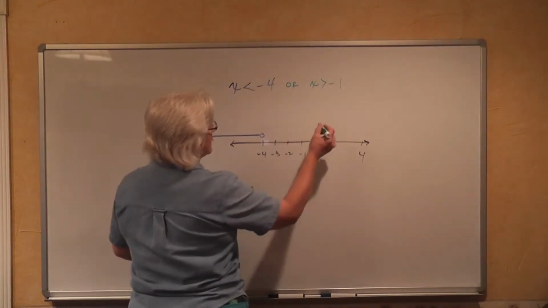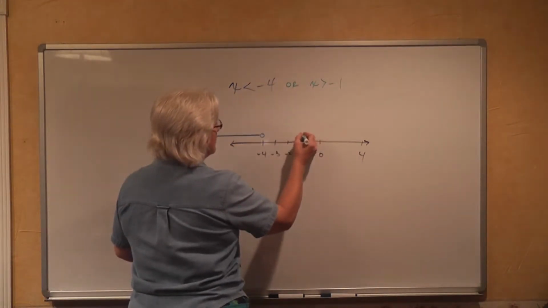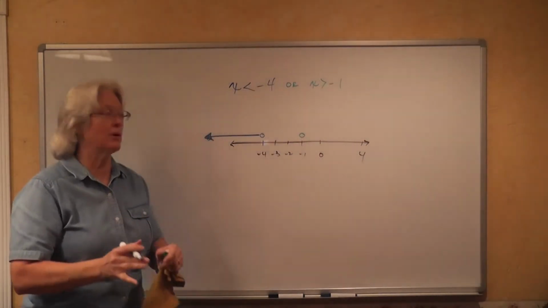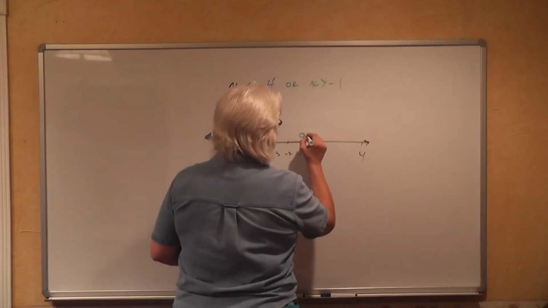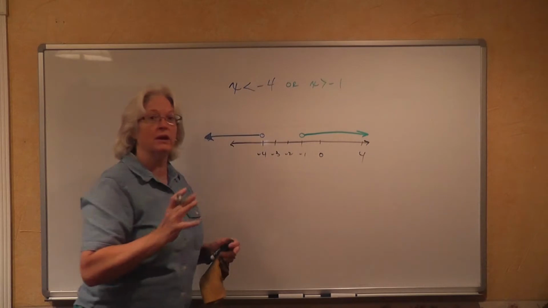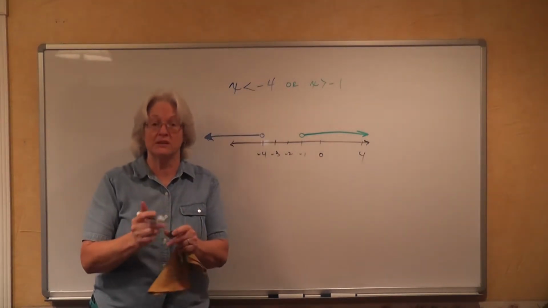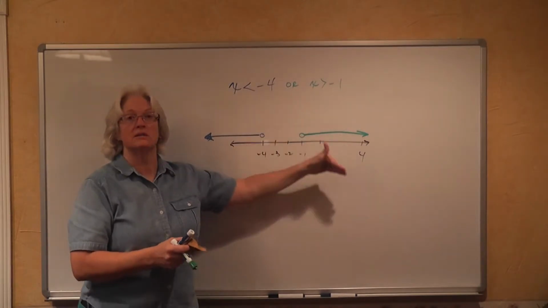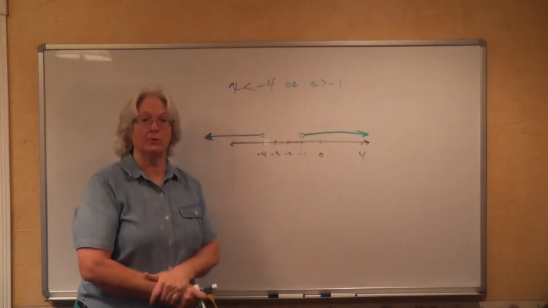And then we have x greater than -1. Here -1 is not a part of the solution, but everything to the right of that is. So here is our graphical representation of our solution. We have graphed each inequality separately on the same number line.